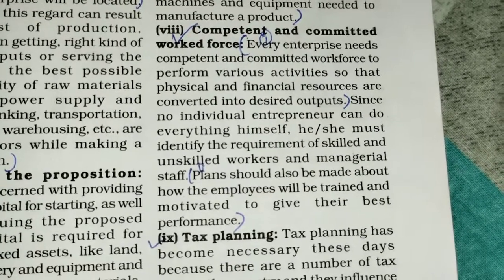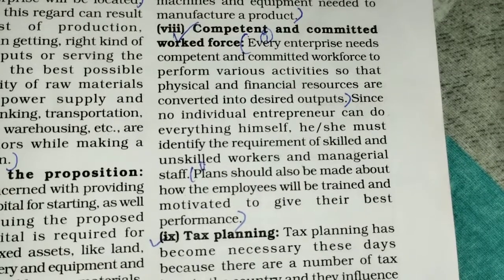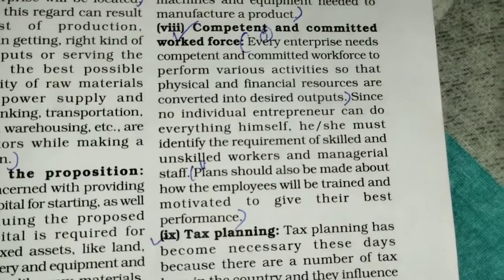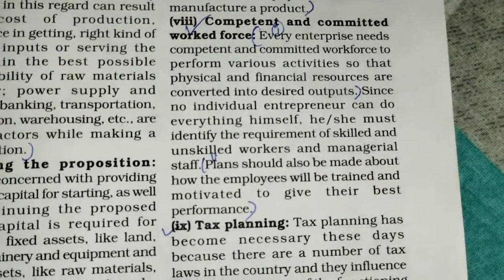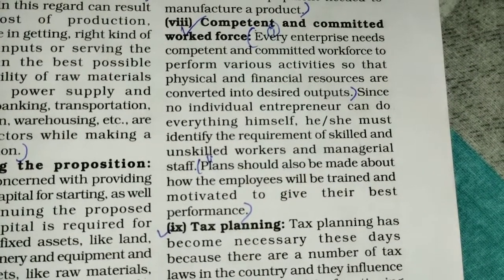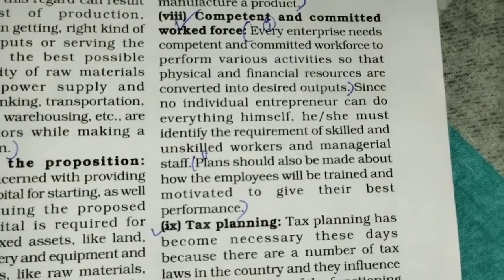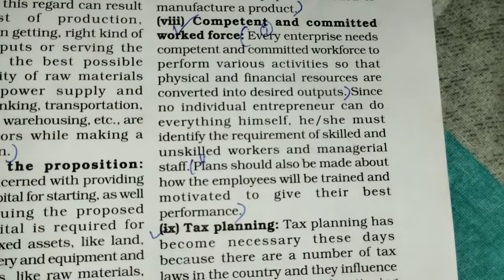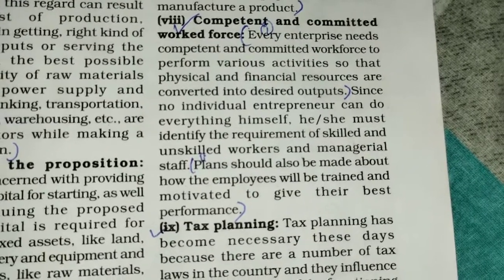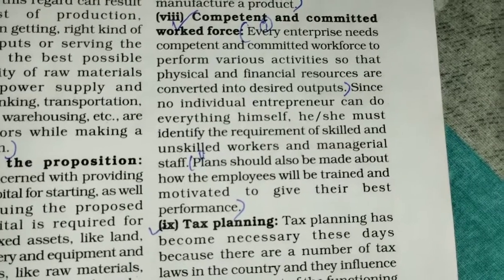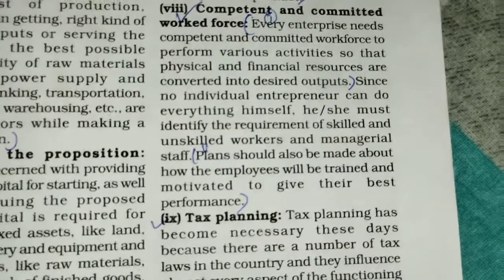So, a plan should be made about how the employees will be trained and motivated to give their best performance. And the manager should himself give motivational speeches to the employees so that they can give their best performance while they are working in the business, so that the business can achieve a greater amount of profit.